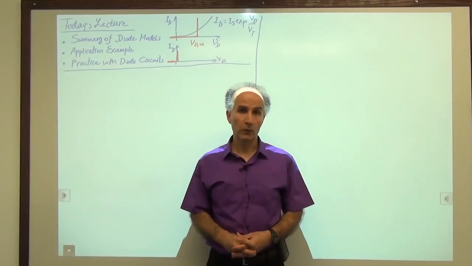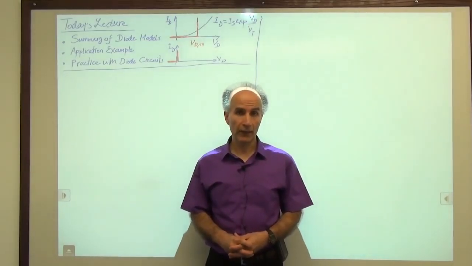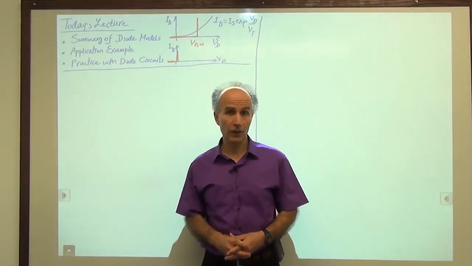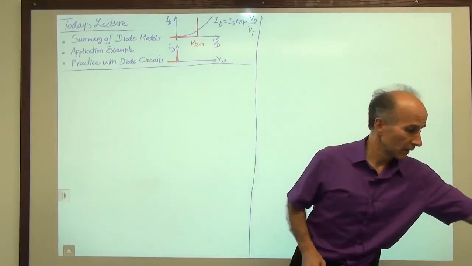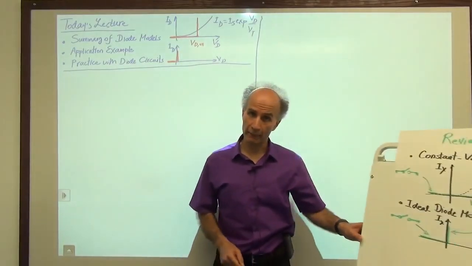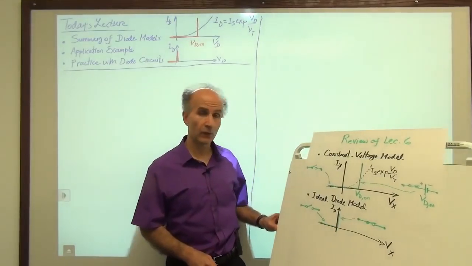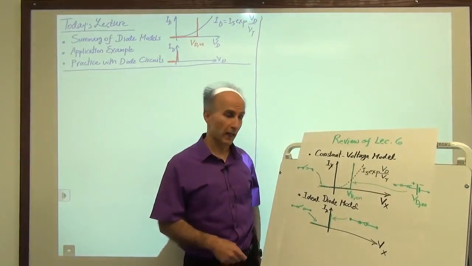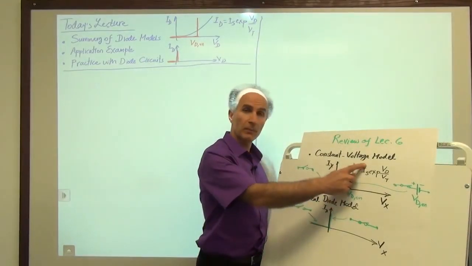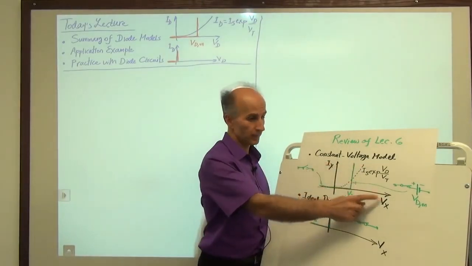Now, before we jump into that, let's take a brief look at what we covered in the last lecture, namely the different models that we have for diodes. We saw that diodes fundamentally follow an exponential relationship between their current and their voltage.